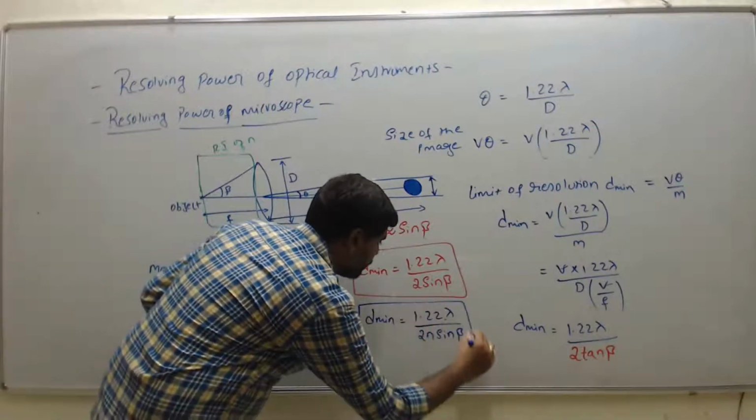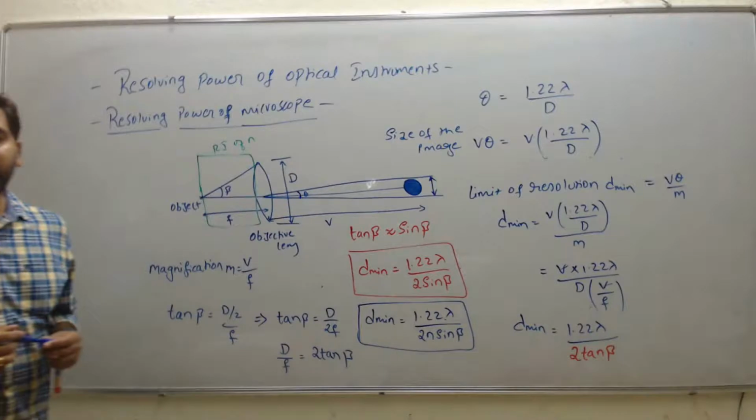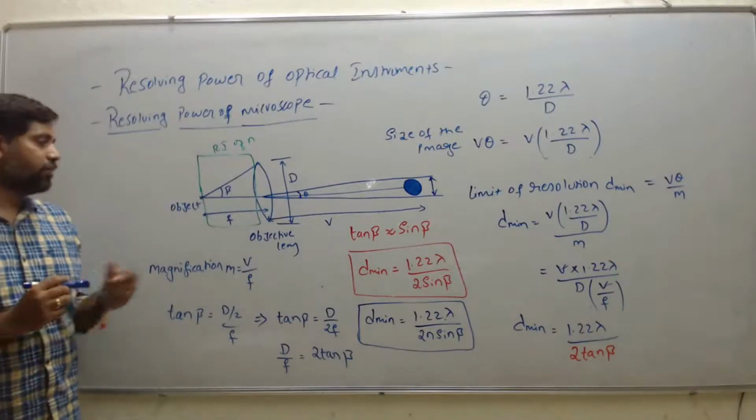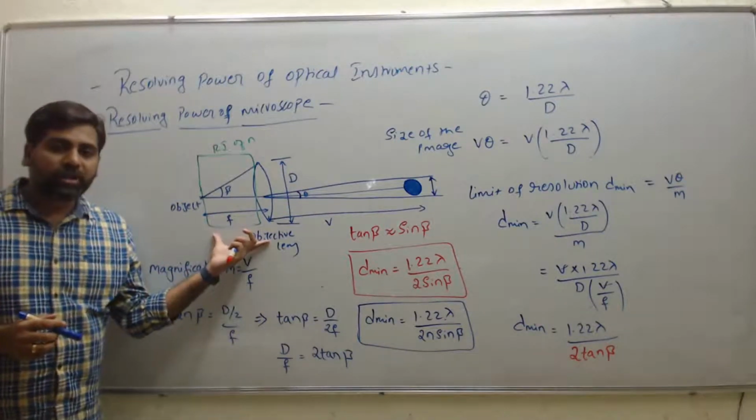Here n represents the refractive index of the medium which is placed between the object and the objective lens.